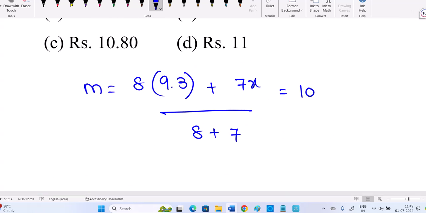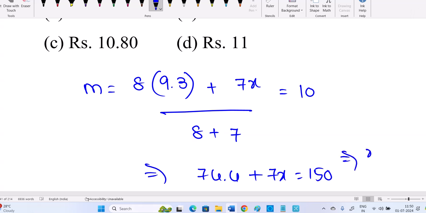So cross multiplying, 74.4 plus 7x equals 150. x is nothing but 75.6 divided by 7, which is 10.8. Option C, 10.8 per kg.